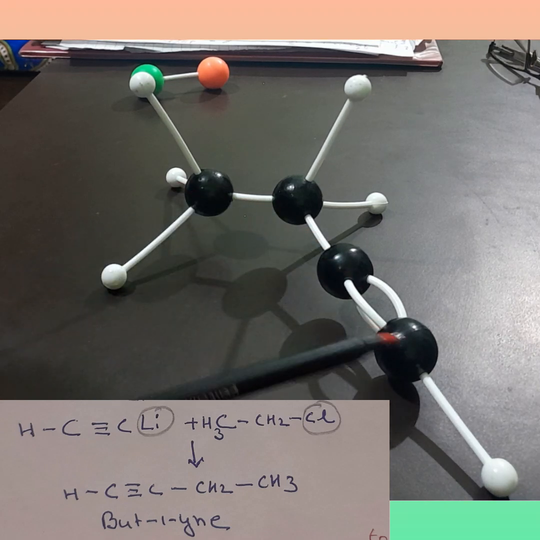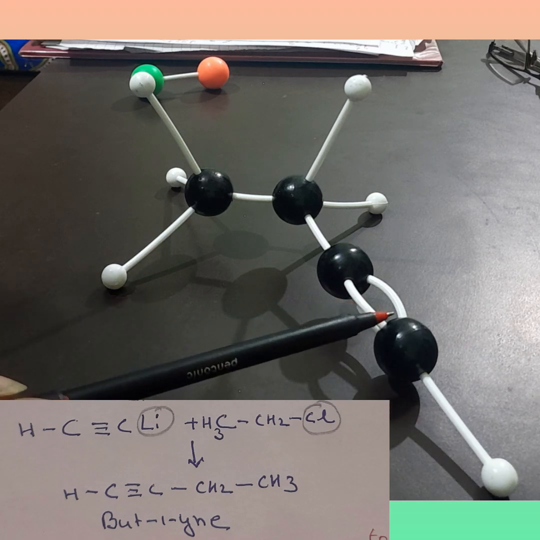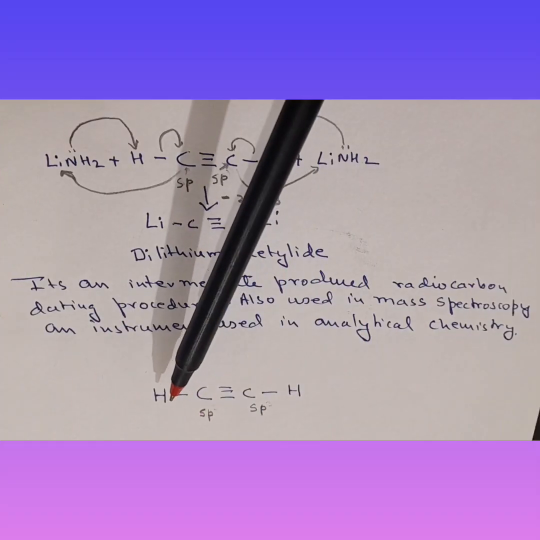But in one position we have got a triple bond, so what we end up with is but-1-yne. We used acetylene. Now in acetylene we had sp hybridization over here and sp hybridization over here.